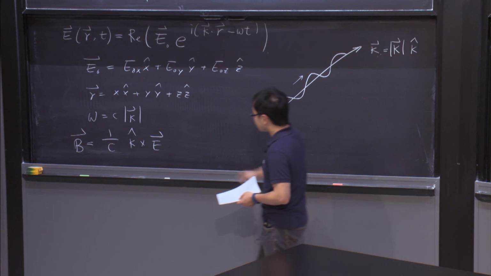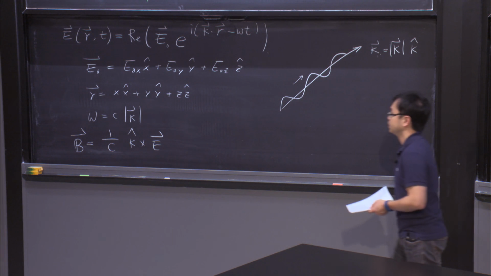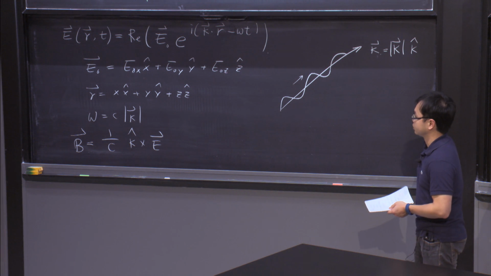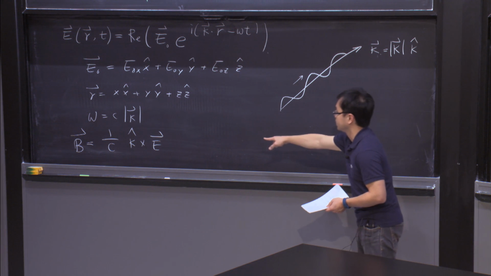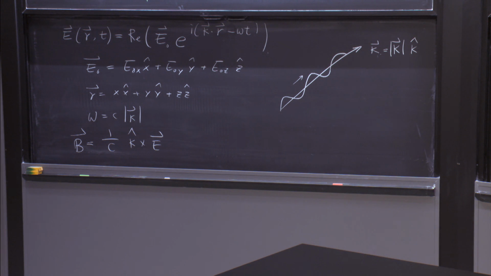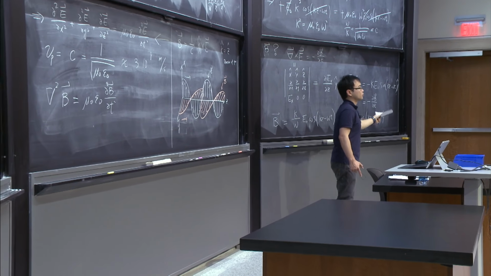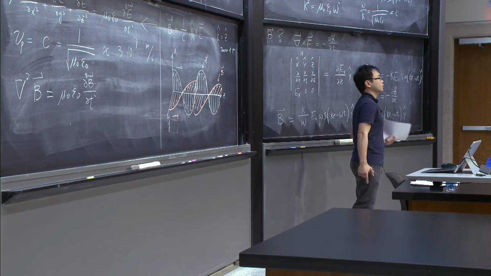And finally, this expression, B field equal to 1 over c k hat, which is the direction of propagation, cross E field, is still valid because we have shown that it works for the plane wave pointing in the x direction, propagating in the z direction.